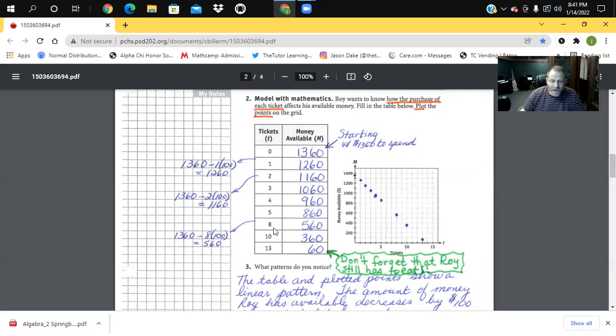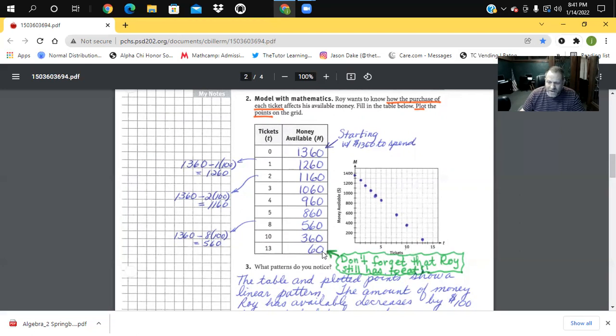We'll go all the way down while we're doing all of this, guys. The same method. We're going to do 1360 minus 8 times 100 equals 560, and we're going to go all the way to 13. So we're going to do 1360 minus 13 times 100 will give you that 60.